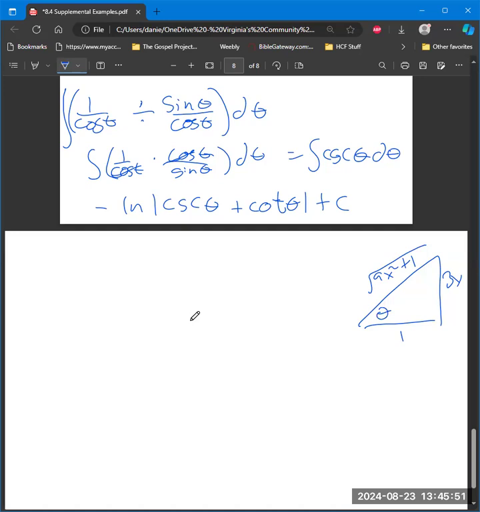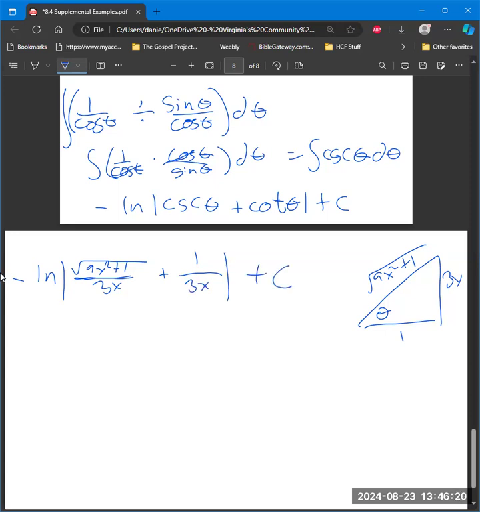And now I have negative ln of cosecant, which is the reciprocal of sine, so that is root 9x squared plus 1 over 3x, plus cotangent, which is cosine over sine, adjacent over opposite, like that.